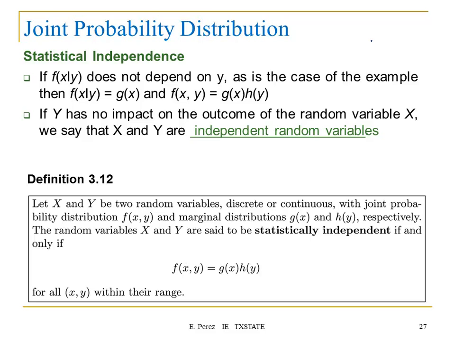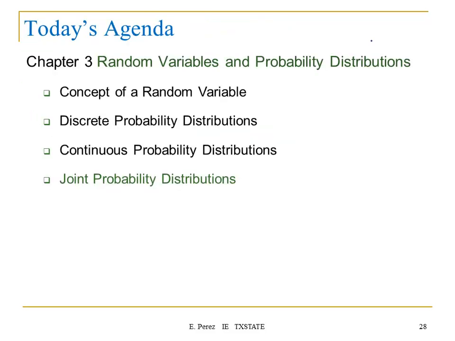Okay? So statistical independence is the last concept we cover in this particular lecture. In this lecture, we talk about random variables and probability distributions, specifically the concept of the random variable. That was one of the questions of the exam, to know by now what is the random variable. We talk about different distributions, discrete and continuous, and this topic, joint probability distribution.